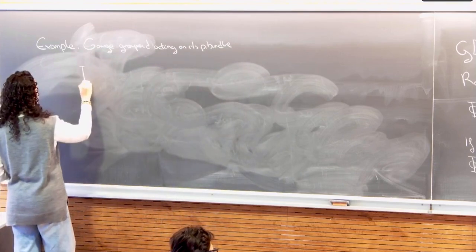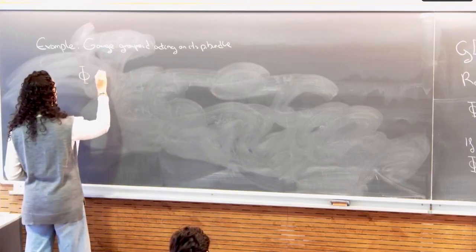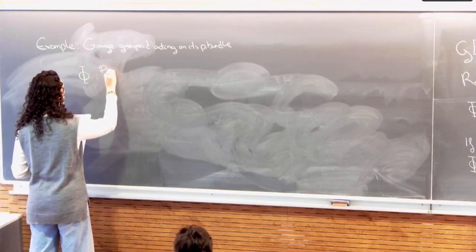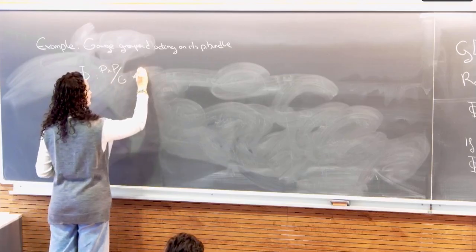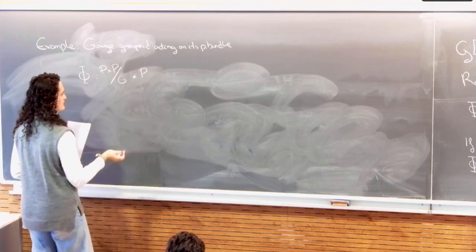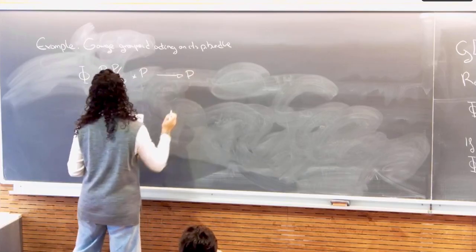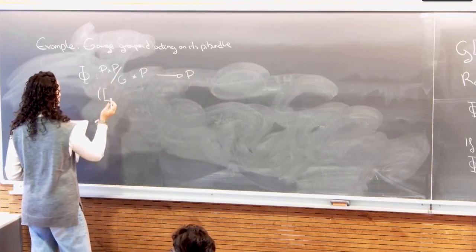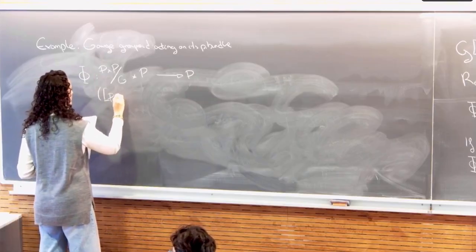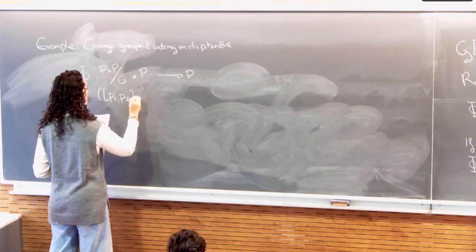Because if we have the gauge groupoid and the principal bundle, here the pairs are the equivalence classes under the group.